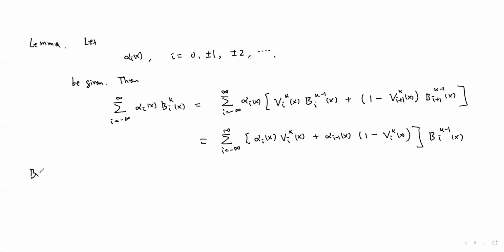By this lemma, capital F by definition is this: sum over i from negative infinity to infinity of c_{i,k} times B_{i,k}. This function c_{i,k} is given to us. In this definition, the definition involves B_{i,k}.